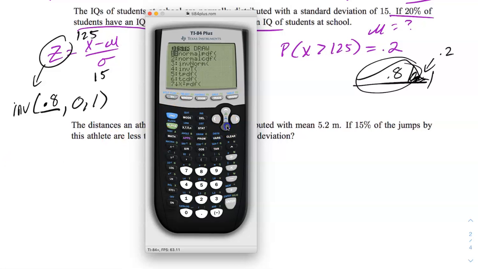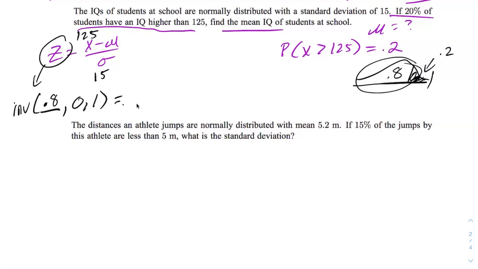Second, invert distribution, invert normal, 0.8, and then 0, 1. Hit enter, I get 0.8162. So I'm going to rewrite this: 0.8162 equals 125 minus mu over 15.